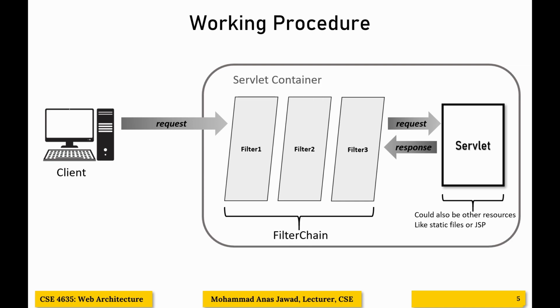According to my application's logic, if the filter wants to perform any processing on the response as well, it will perform it. If not, the response is directly forwarded to the client. That is the basic mechanism of how a filter, or basically a chain of filters, works.